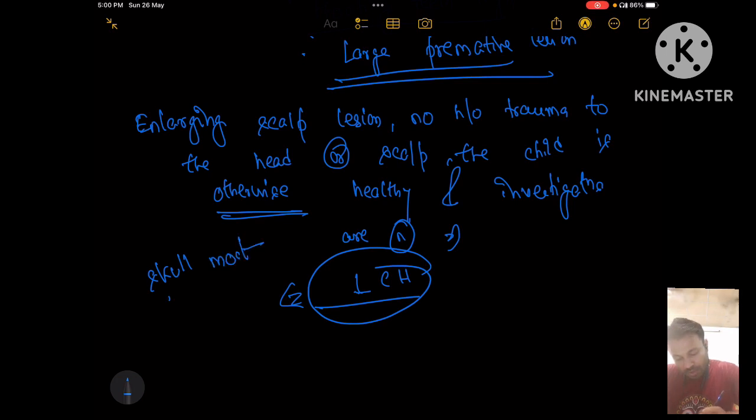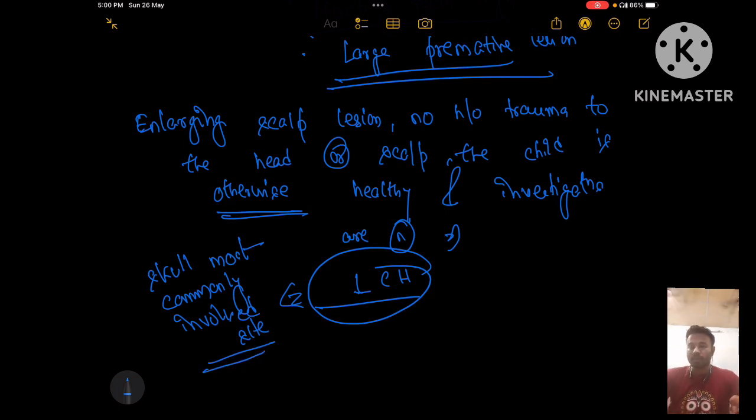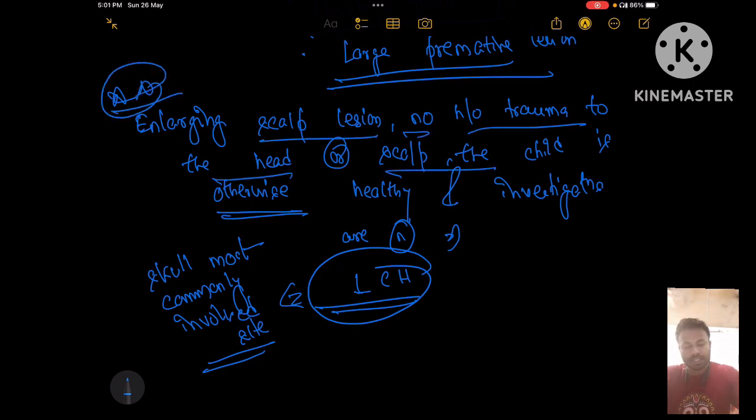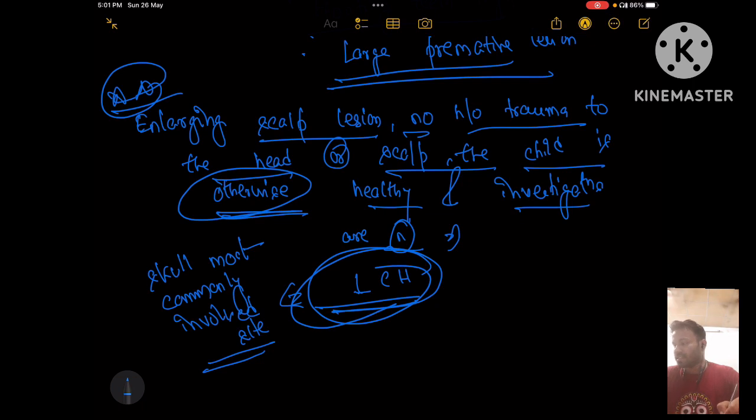It is an MCQ from Marrow. Think about Langerhans cell histiocytosis.